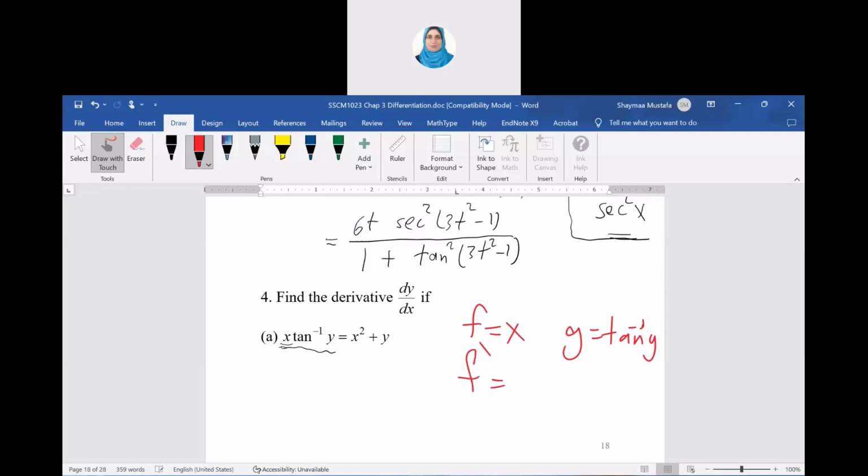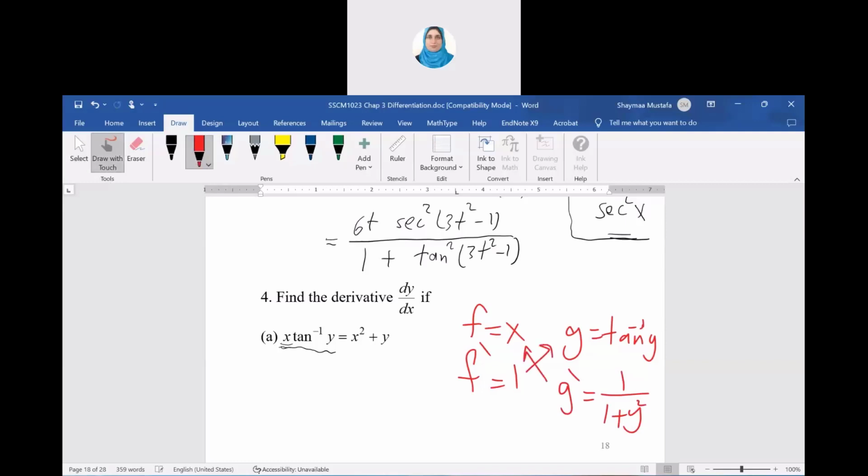Now the derivative for f is 1. The derivative for g, tan inverse y, is 1 over 1 plus y squared. Then I need to apply the multiplication rule.